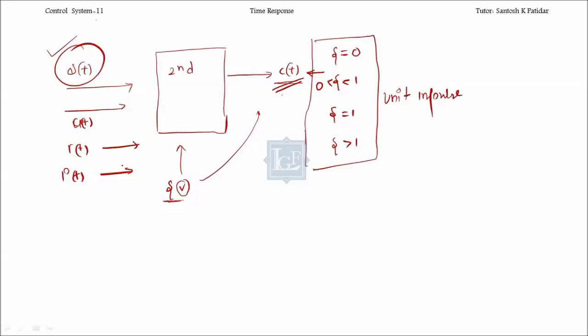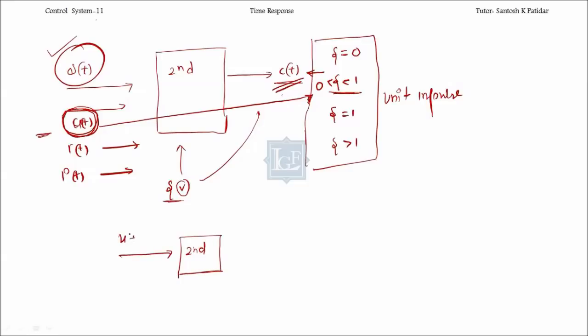Now, for the unit step, only one case is important. Unit step output is important in the region 0 to 1 only. So our next task is that we will not discuss all 4 conditions for the unit step. For the unit step we'll take only this case. This is the second order system.